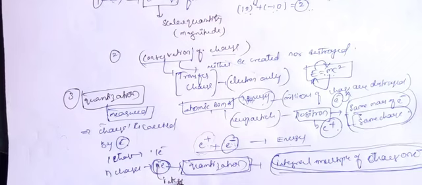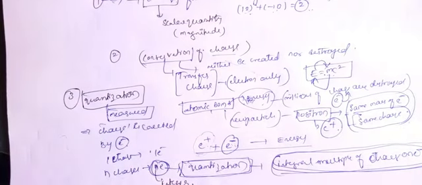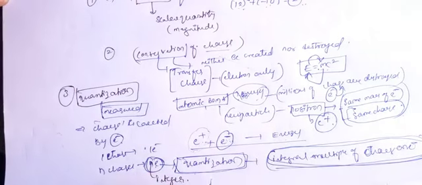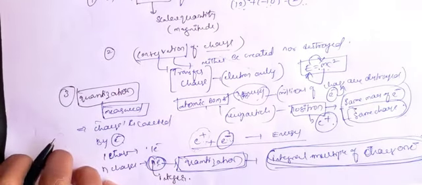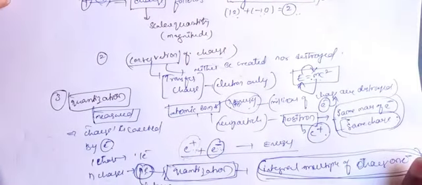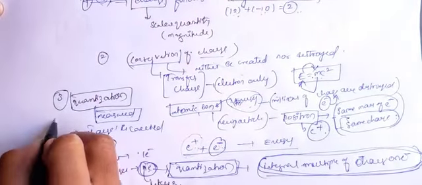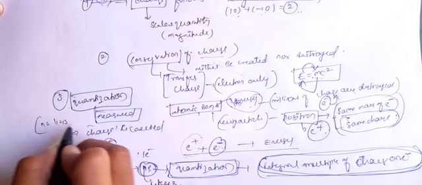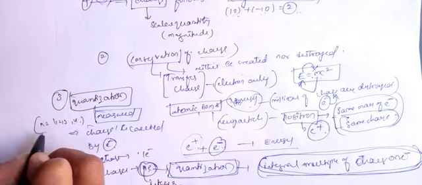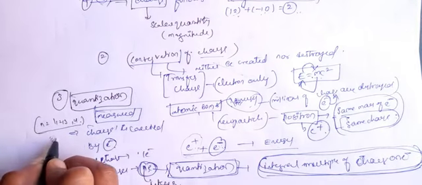N is the integer, and e is the electron charge. Quantization and measurable means it is a multiple of an integer: n equals 1, 2, 3, 4 like that, but not fractions like 2 by 4.